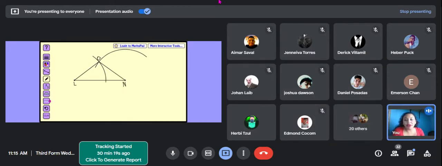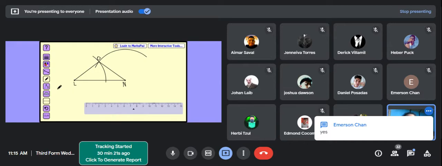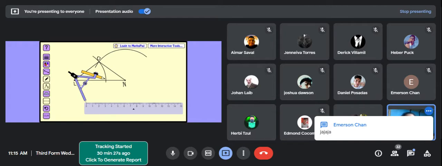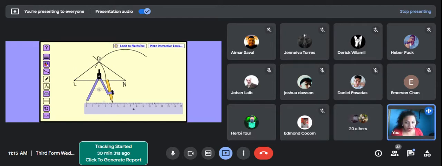So I'm going to take my ruler now, and you take your compass. What we're going to be measuring is 4.2, because 4.2 is the measurement of LM. LM is 4.2.